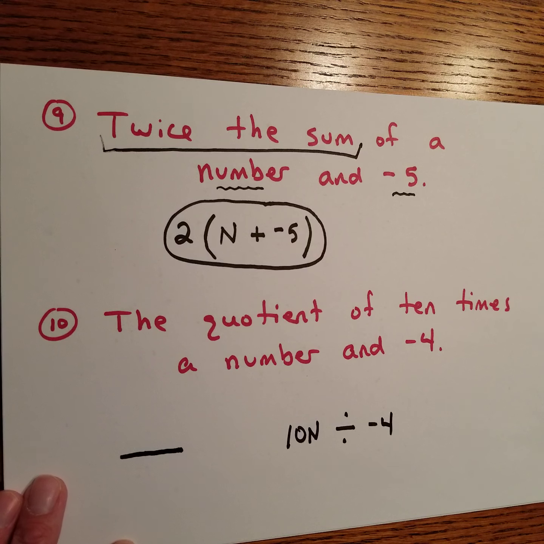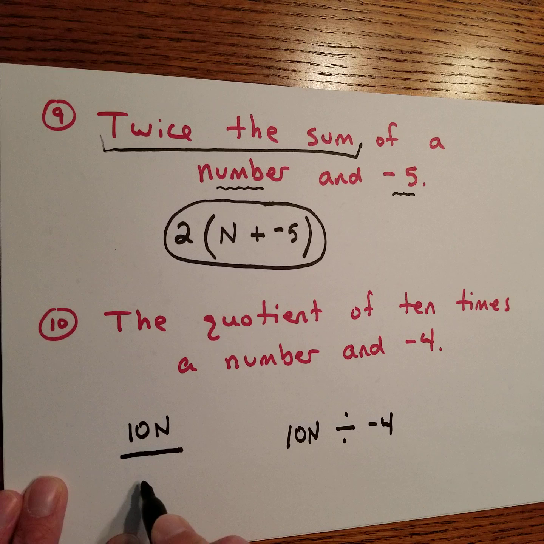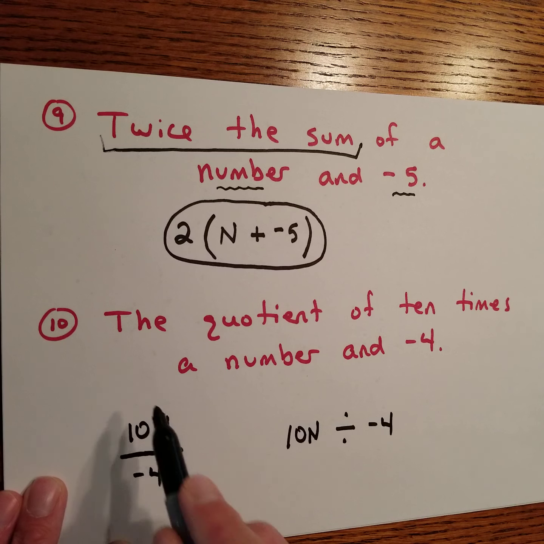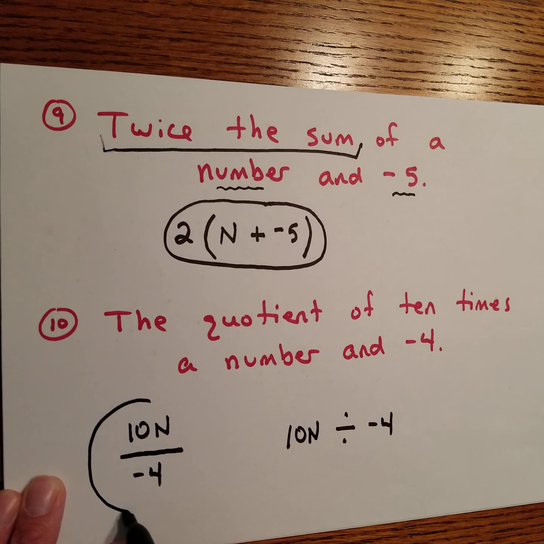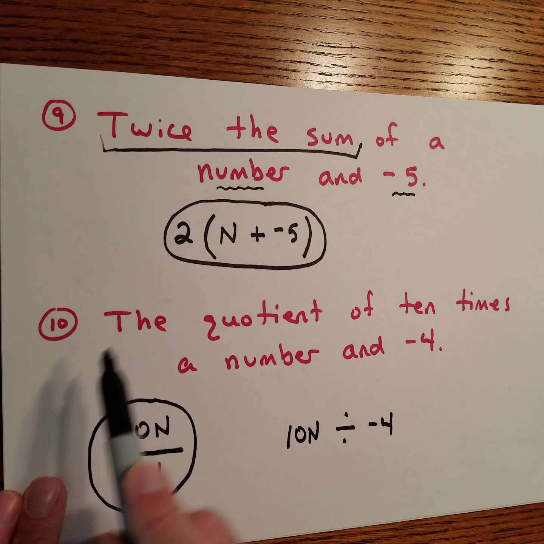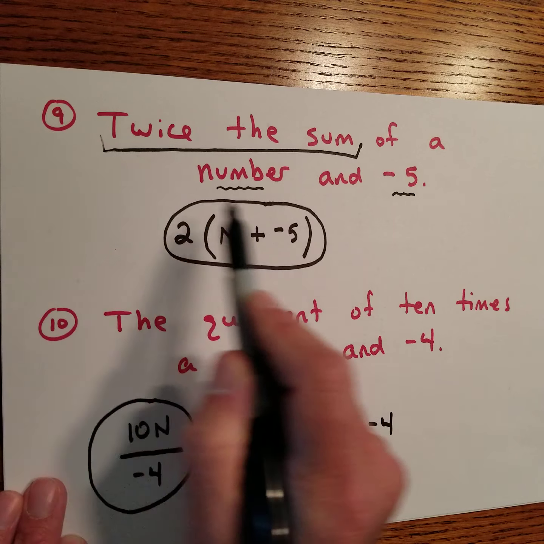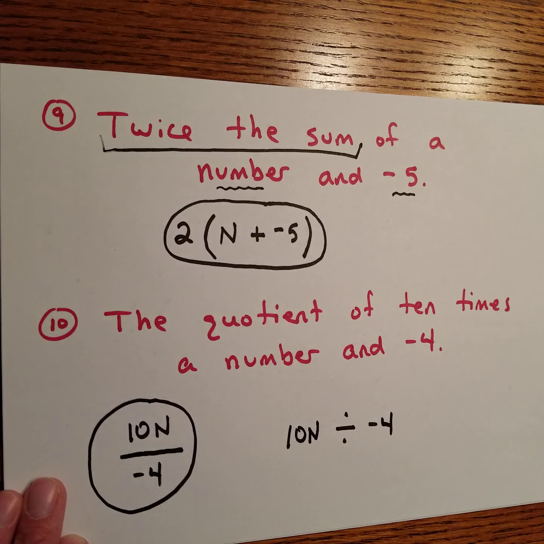Here's the better way to write it. There's the way we want number 10. Very nice. Now again, when you work your homework problems, no need to write all of this out. For number 10, all you give me is the answer. For number 9, all you give me is the answer.